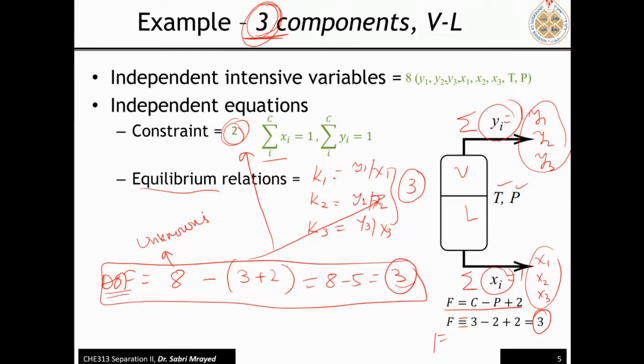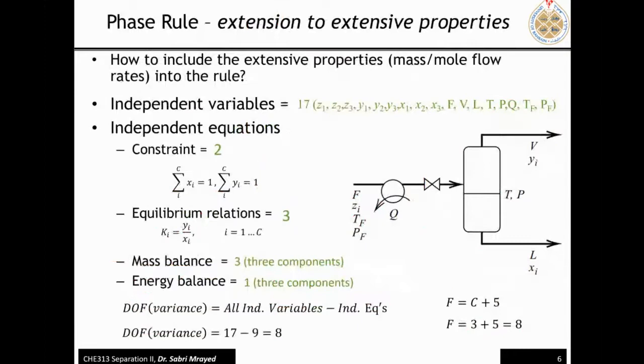Now, this is not our goal. This is just an introduction. Our goal is to use the phase rule when we have continuous flow, like this system here. This is the typical separation stage that you're going to design.